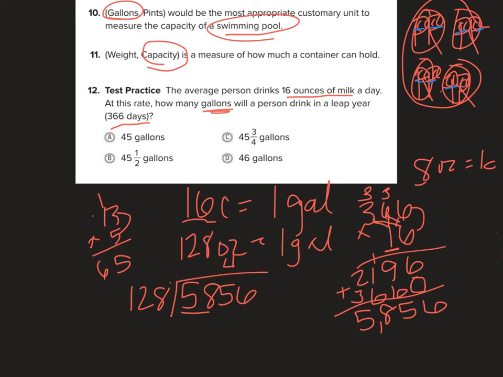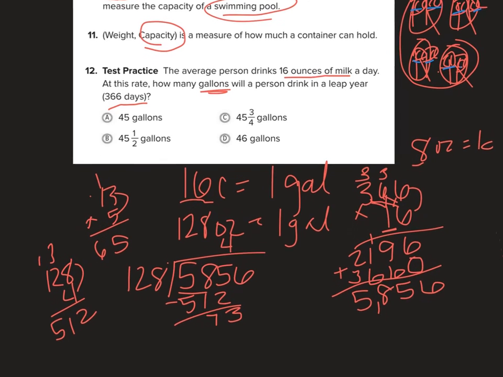Let's try 4. 128 times 4. Yep, nice. Okay, 5 minus 2 is 3, 8 minus 1 is 7, 5 minus 5 is 0, so I have 73 left over. I need to move up again.